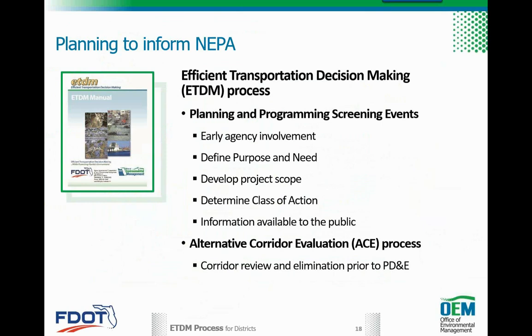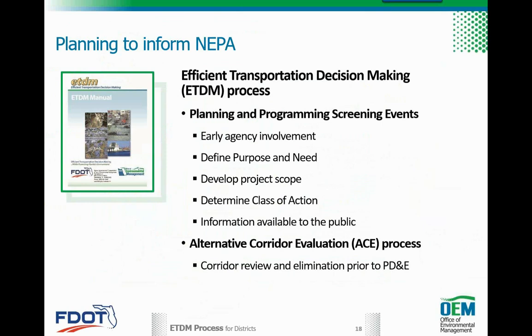And once that methodology is approved, then you can go out and apply that methodology. And then the resulting document from that effort is what's called an ACER, an Alternative Corridor Evaluation Report. That Alternative Corridor Evaluation Report becomes the supporting documentation to eliminate an alternative as being unreasonable, because you went through that process, you have an approved methodology, and then based on the results, some alternatives either met the criteria and thresholds established in the approved methodology, or they did not.